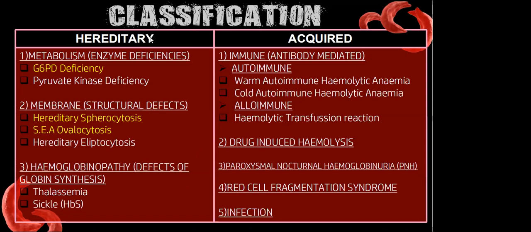Malaria. No. Atypical infection, such as mycoplasma. So mycoplasma is known to cause autoimmune hemolytic anemia, specifically warm AIHA. Warm AIHA. So mycoplasma, atypical infection. Okay, all right, proceed.